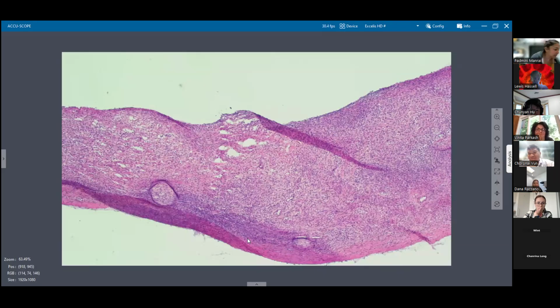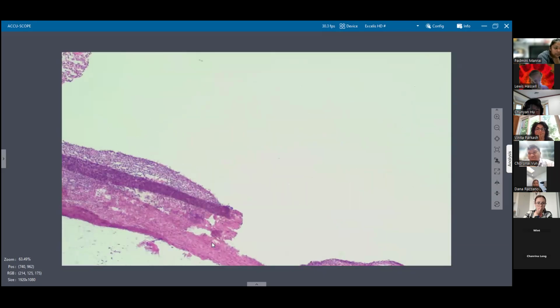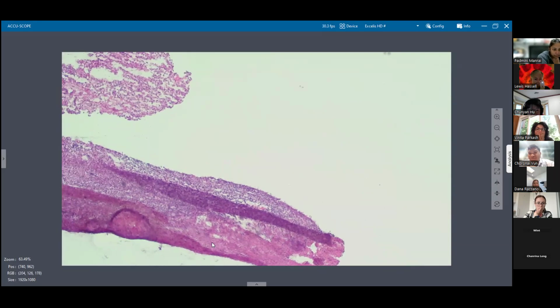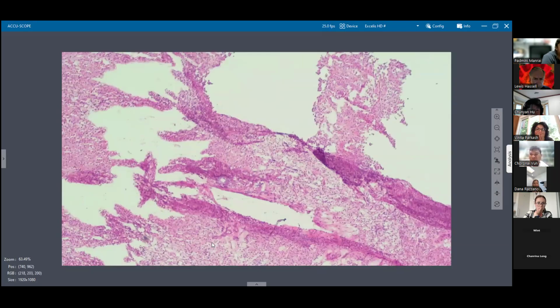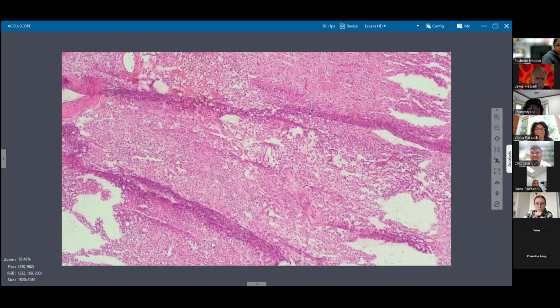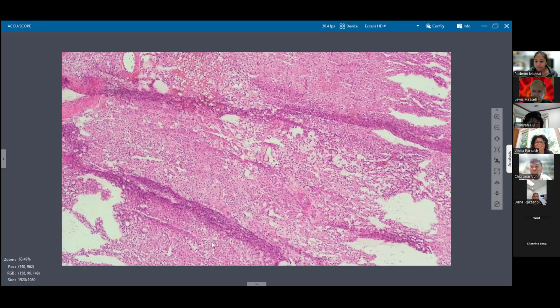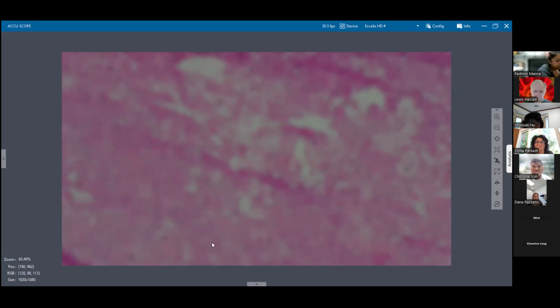So the lesion, when I think about it, it's not in the epithelial portion. But as I scrolled around, the stroma goes from that blue and it starts turning into something more like this. That transition, it's a lot more pink, a lot more clear. Higher power.